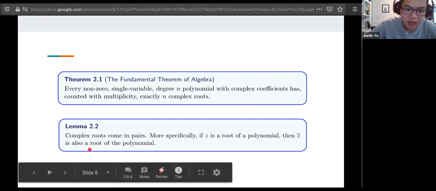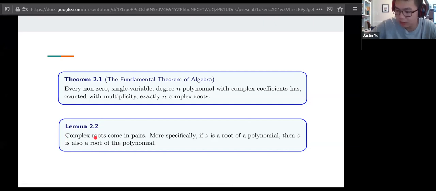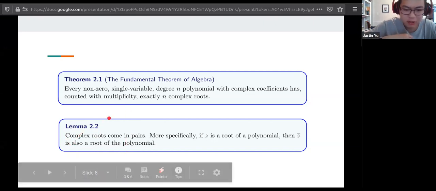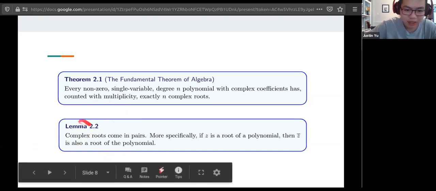There's an important caveat: lemma 2.2 only applies to polynomials with real coefficients. If the coefficients of a polynomial were like 1 plus i, this wouldn't work. But the vast majority of polynomials you will ever see in a competition will be real, so you can apply this lemma.